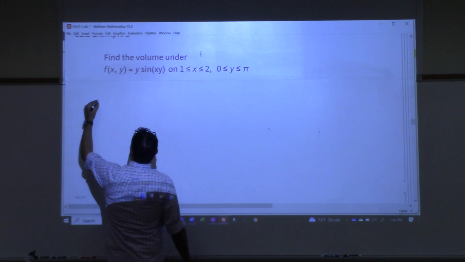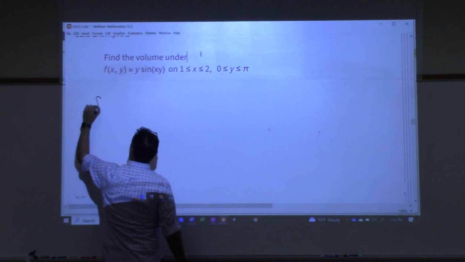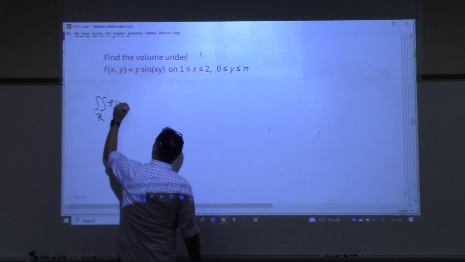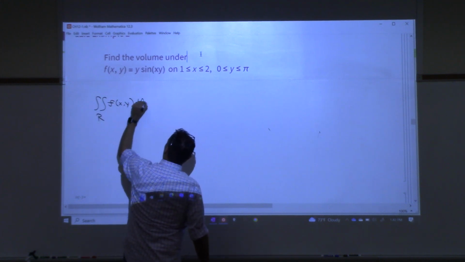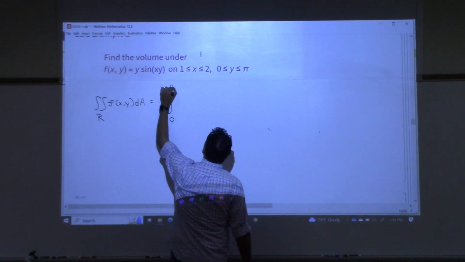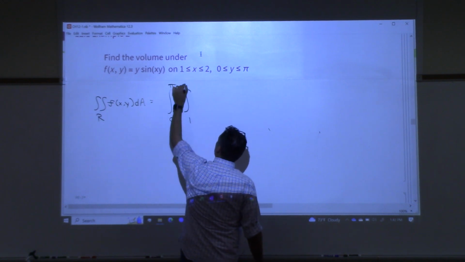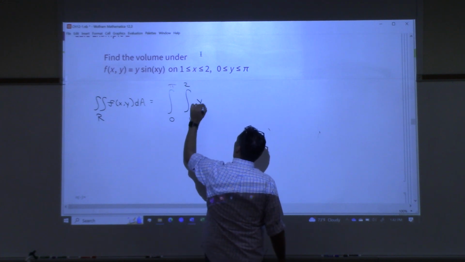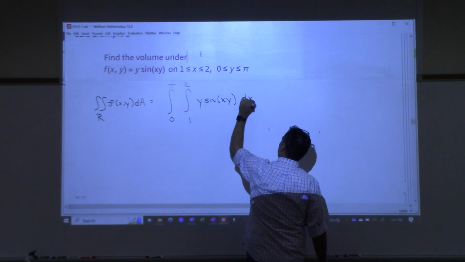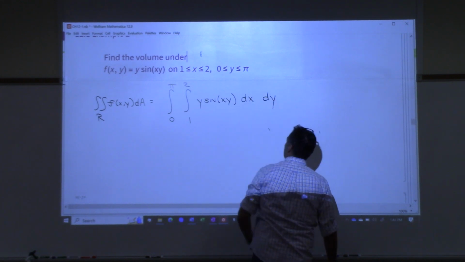All right. Now, rethinking this and equipped with Fubini's theorem, I can rewrite it this way: the integral from 0 to pi, 1 to 2, y sine of xy, dx first, then dy.